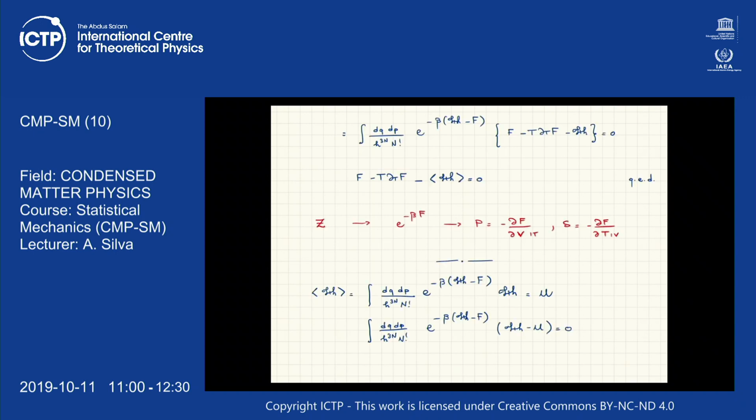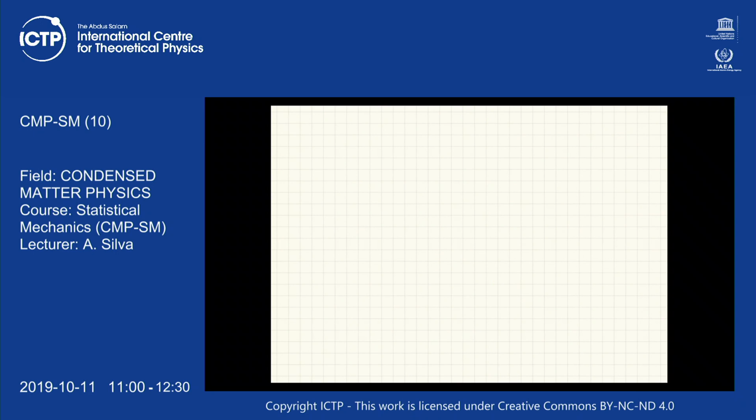Now we take this, and since we know that this is true, we start taking derivatives with respect to beta. Alright? If we take derivatives with respect to beta, what are we going to get? We get dU d beta plus the integral dq dp. Let's agree that when I write dq dp in between the parentheses, it means divided by h to the 3n times n factorial.